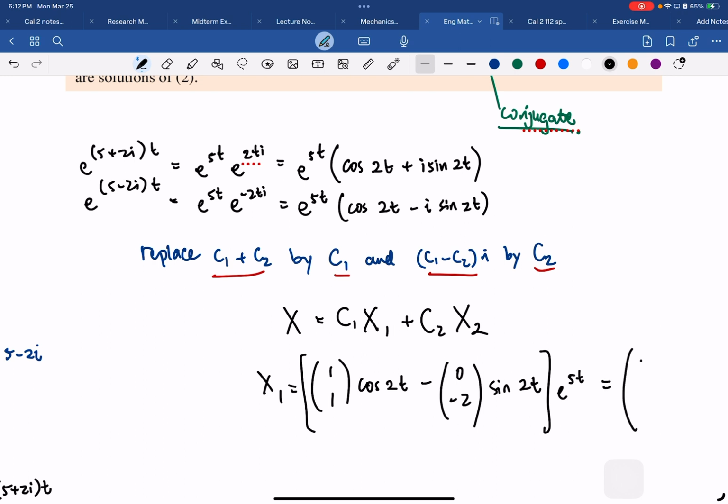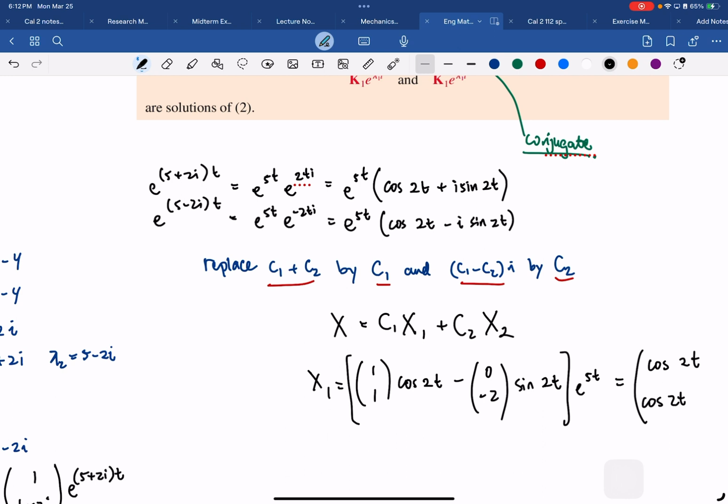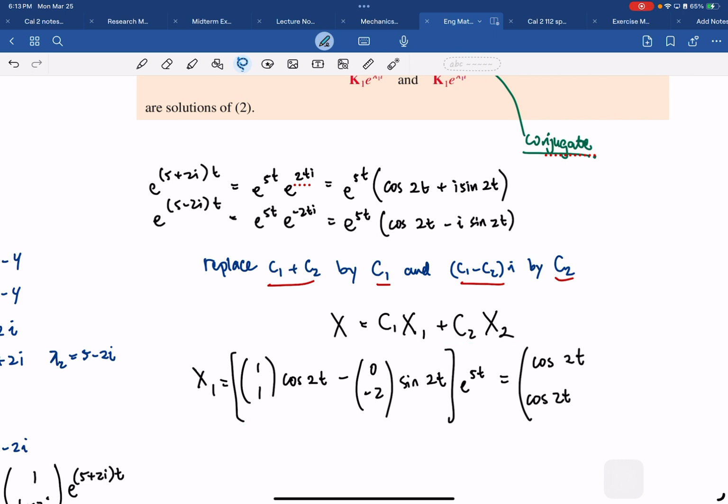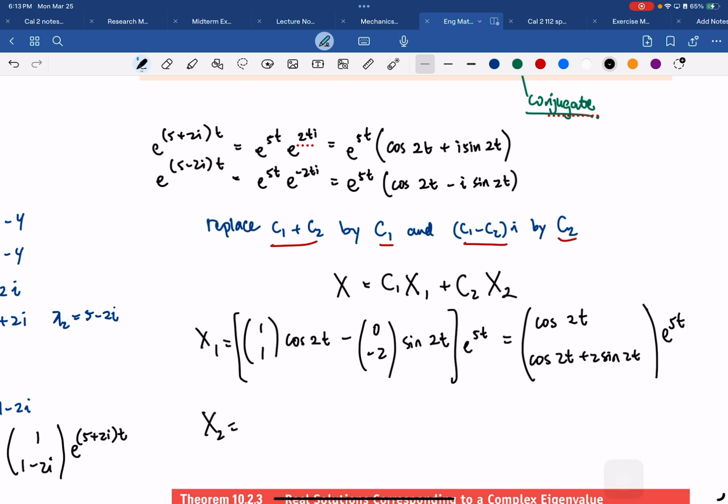Or this will be cosine 2t, cosine 2t right here, plus 2 sine 2t, e^5t, and then x2 is 0, negative 2 cosine 2t plus 1.